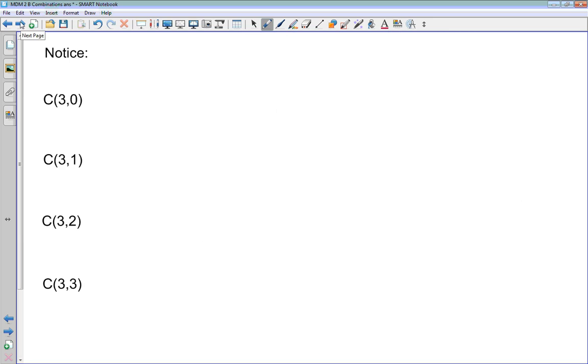One thing to notice is that you can have different combinations which actually end up with the same value here. So if we're evaluating 3 choose 0, 3 factorial divided by 3 minus 0 factorial, or 3 factorial, 0 factorial, what is this going to work out to be? Well, 3 factorial over 3 factorial is just going to be 1. 0 factorial is just 1. So we get 1.